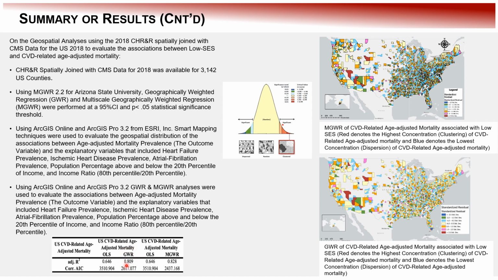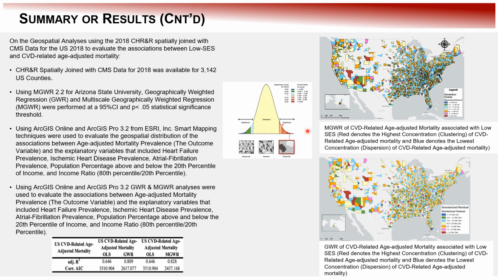The adjusted R-square for geographically weighted regression was significantly larger, at 0.81, meaning that the variation of the outcome, which is age-adjusted mortality due to CVD-related diseases, was explained in 65% of cases for the linear regression model, almost 81% of cases for the geographically weighted model, and approximately 83% for the multi-scale geographically weighted regression.